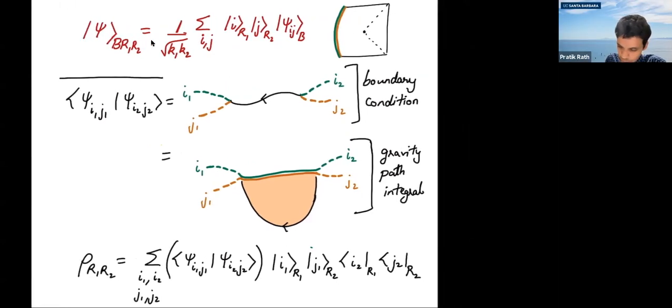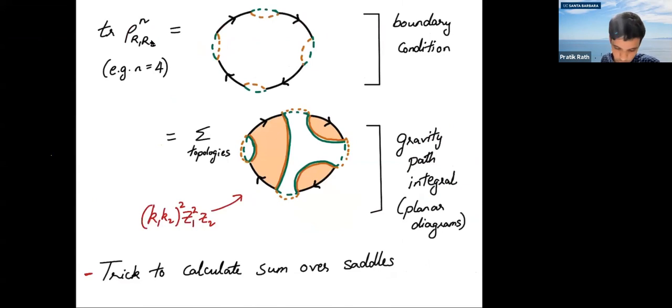Okay, good. So now suppose we want to compute something like the Renyi entropies. We need to do a sum over these planar topologies. Now, this is in general a hard thing to do, even after the simplifications of planar diagrams. And so we need some sort of trick to calculate the sum over these saddles and to do the analytic continuation, for example to compute the von Neumann entropy.